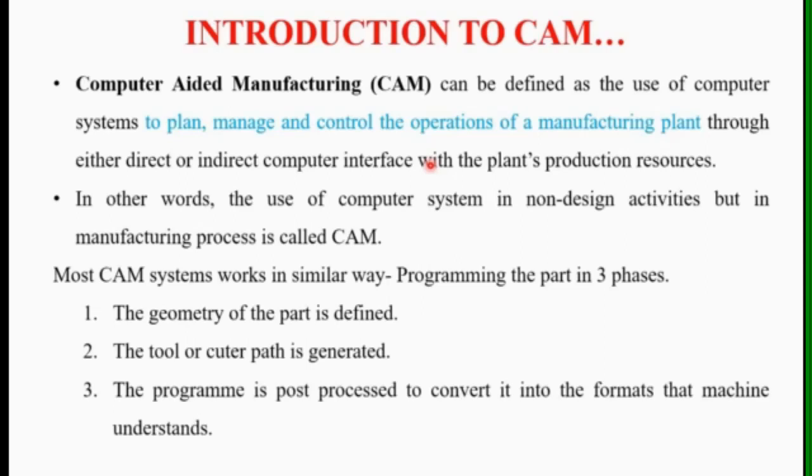In the second phase, the tool or cutter path is generated, with the help of various numerical control programs and machines. In the third phase, the program is post-processed to convert it into formats that machines can understand. These are the various steps in computer-aided manufacturing.